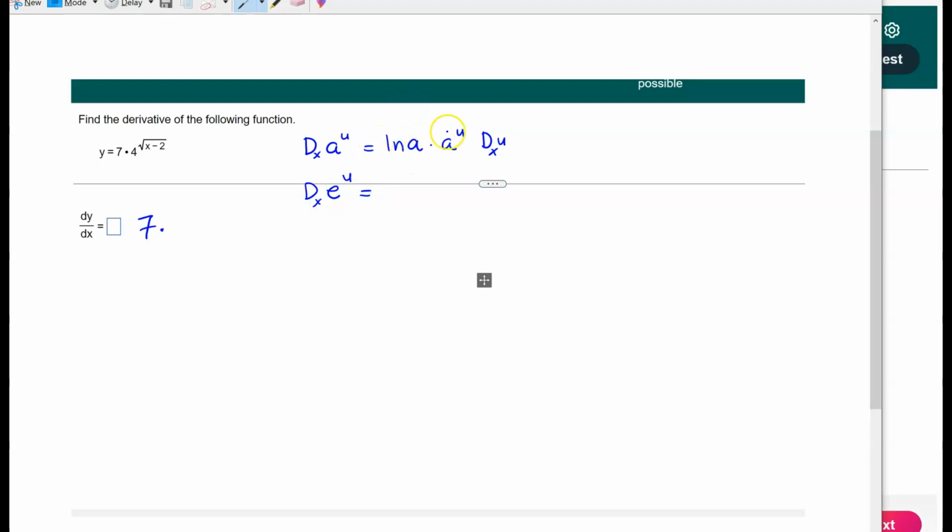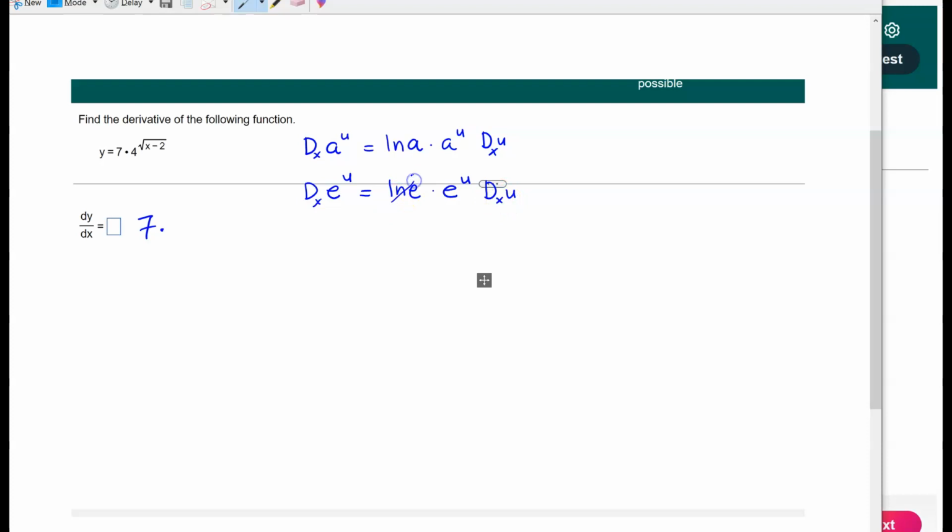You don't have ln a for e because ln e is just equal to 1. So essentially they're just the same. Because if you have e to the u and follow that formula, you will have ln e times e to the u, du dx.